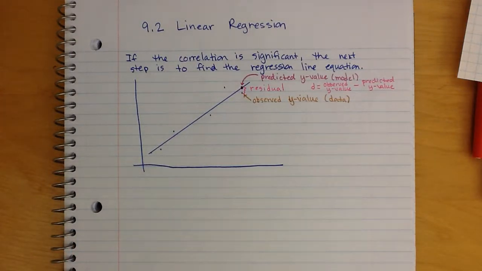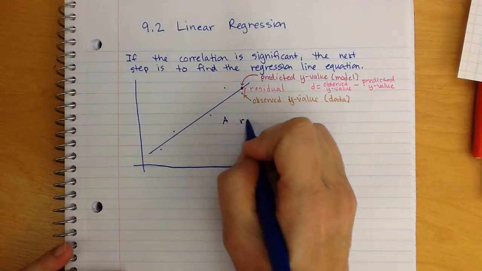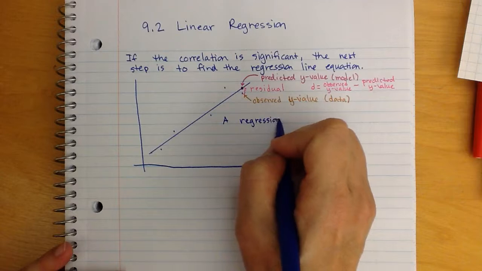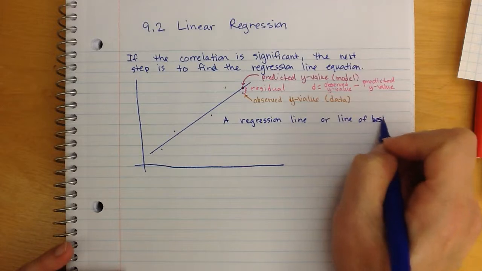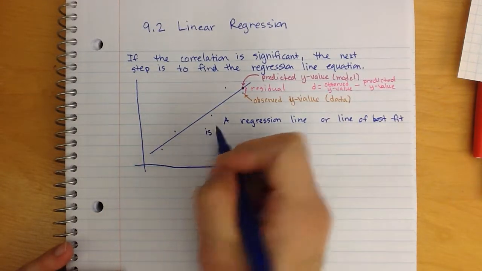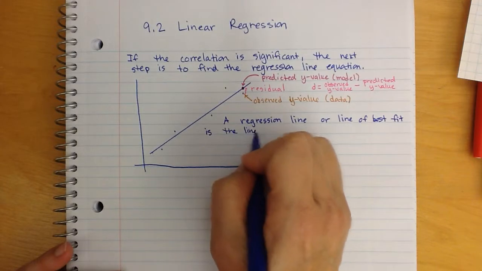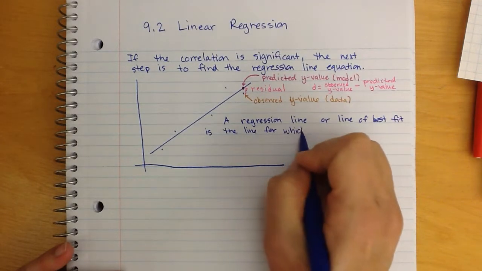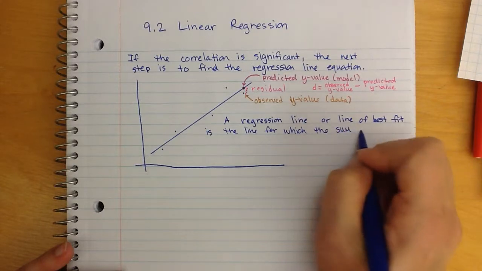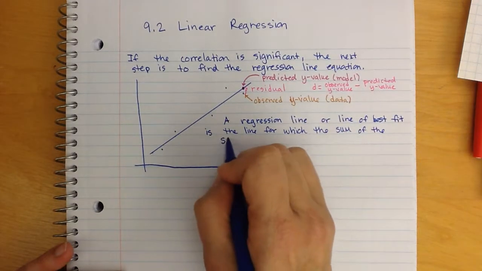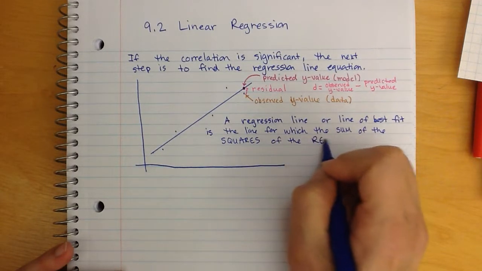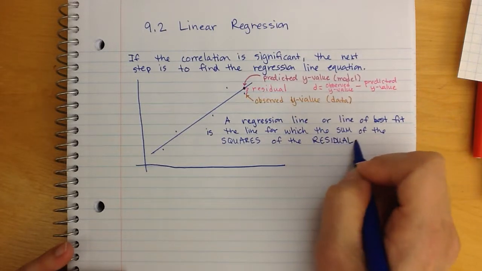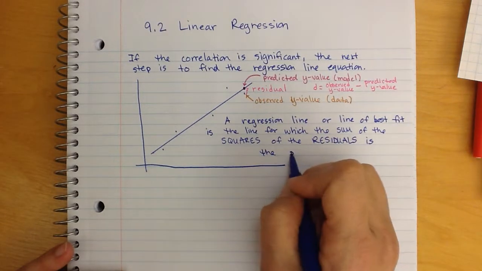And the way that we compute a regression line or a line of best fit, well, it's not the way we're going to compute it, but what it is, is actually the line for which the sum of the squares of the residuals is the smallest.